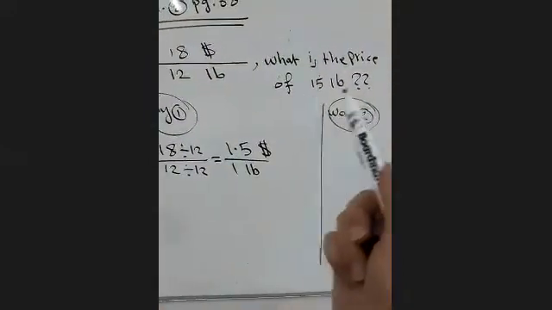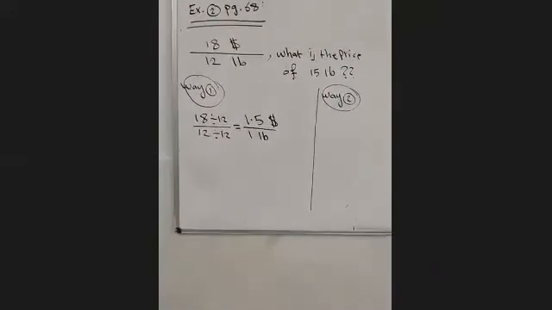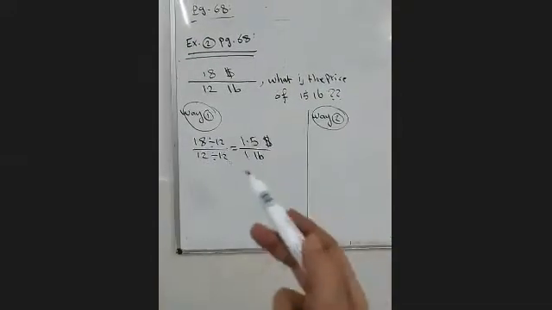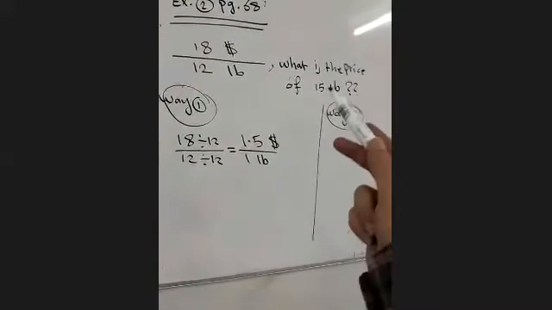Can I know the price of 15 pounds? Yesterday we talked about that. Who can tell me how I will know the price of 15 pounds if I know the price of 1 pound is $1.5? What will I do? Who can tell, guys? Abdullah Al-Jarrah. Yes, mister. Yalla, what will I do to find the price of 15 pounds?